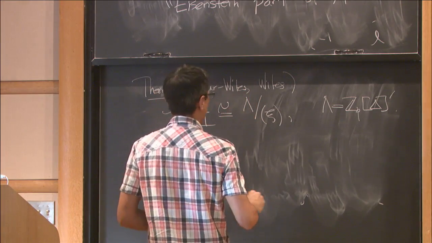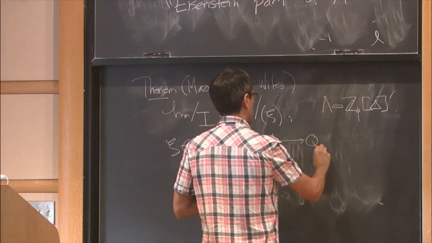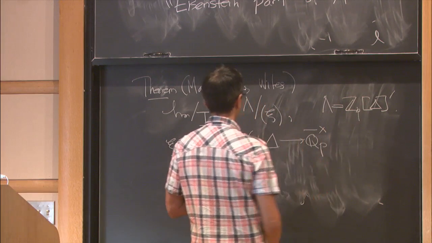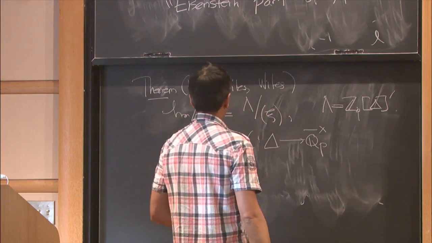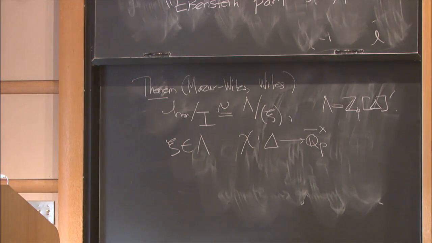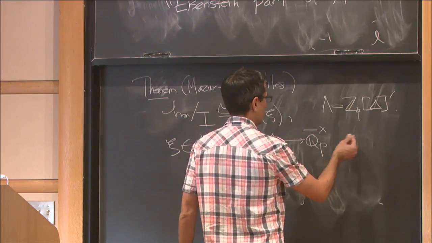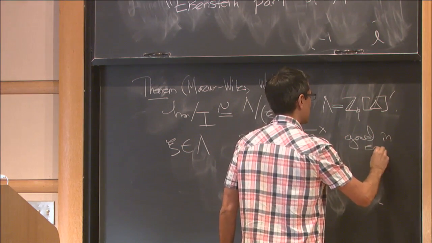So if I take chi mapping Delta to Q_p-bar cross, such that I need to choose its restriction to be one of the characters with this property. So good in the earlier sense.